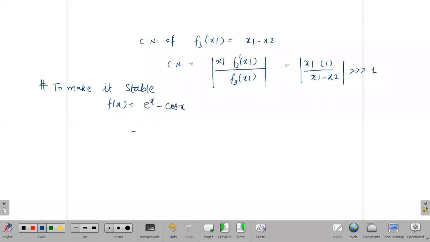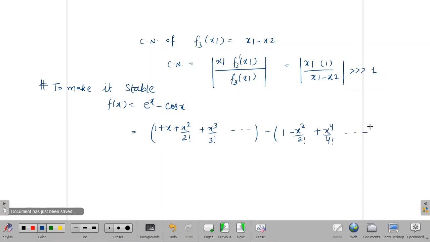By this, you will get rid of this negative sign. If I take 1 plus x by 1 factorial, x square by 2 factorial, x cube by 3 factorial, and so on, then 1 minus x square by 2 factorial, plus x4 by 4 factorial, and so on.